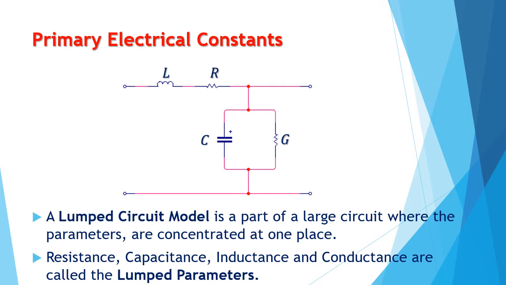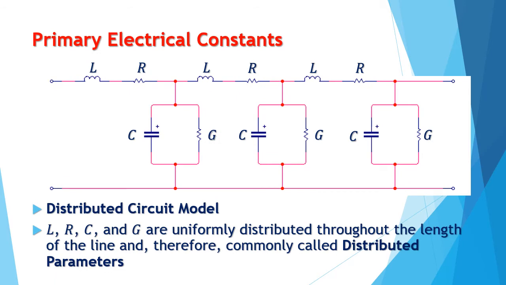Now, a lumped circuit model is a part of a large circuit where the parameters are concentrated at one place. This is the portion of the transmission line that we have taken to analyze. And the resistance, capacitance, inductance, and conductance are called the lumped parameters. These lumped parameters can be connected to form the distributed circuit model.